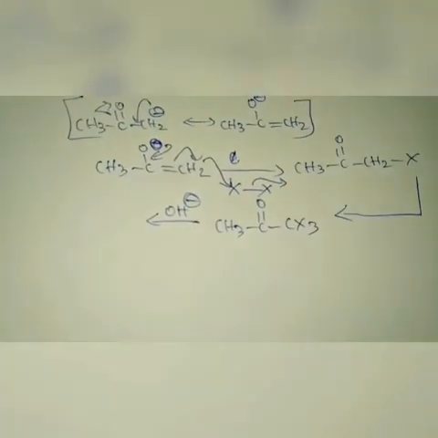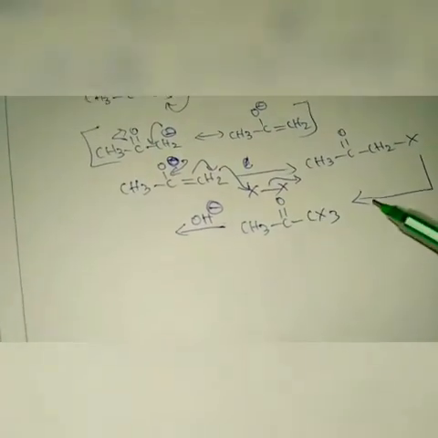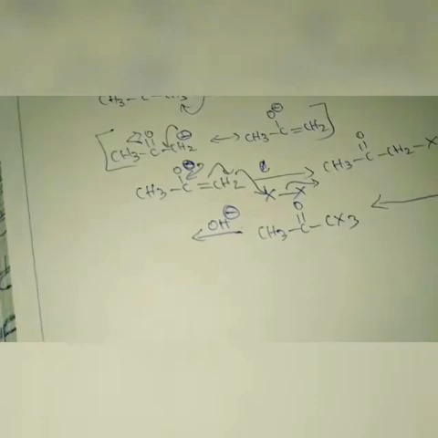Now what happens is the most important step. Now this OH minus ion attacks this carbon. You can ask, this hydrogen can also be changed to CX3, but the haloform reaction actually is trying to form a carboxylate ion.